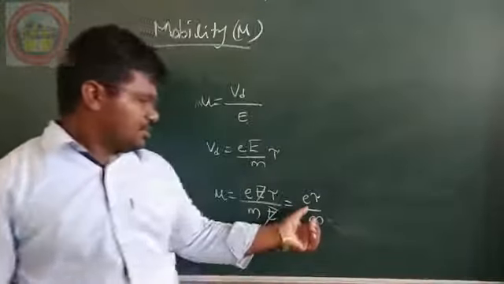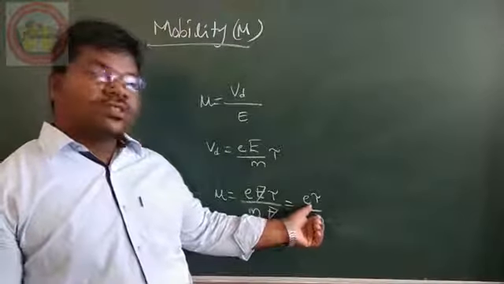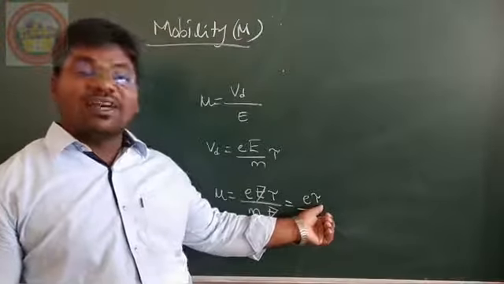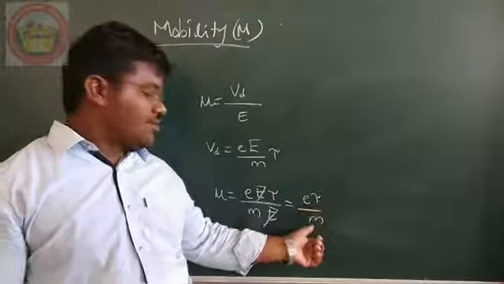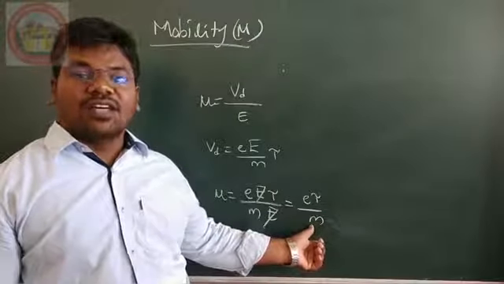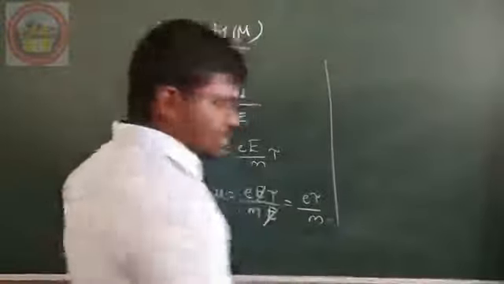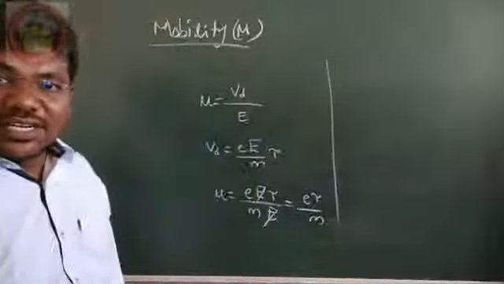What is small e? The charge of electron. What is tau? Relaxation time. What is m? Mass of the electron. Okay. So it is a positive quantity.